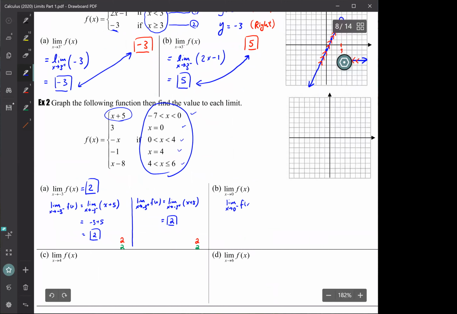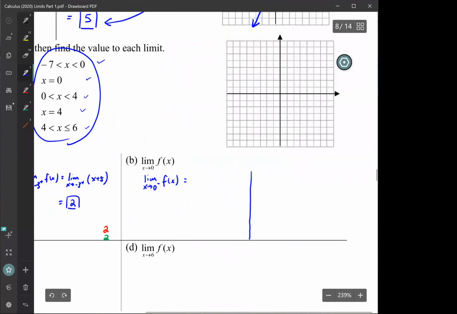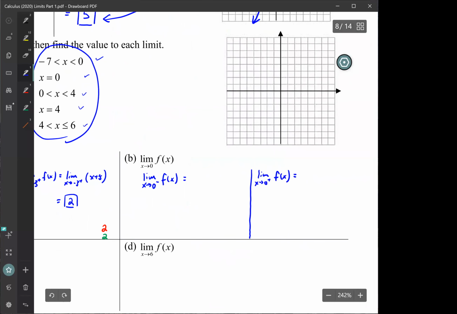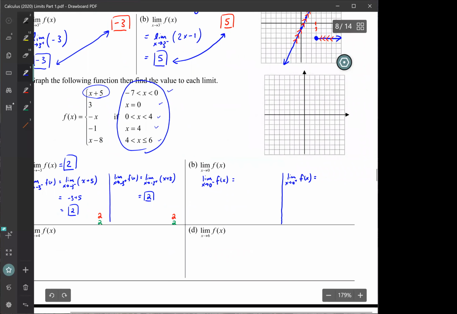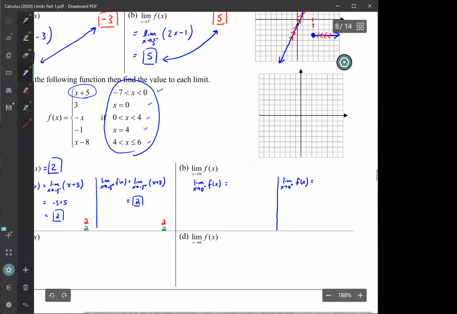Left side, right side, for each of the 3 questions here. And same thing, if you still get stuck, please ask me, okay? I'll help you get started.